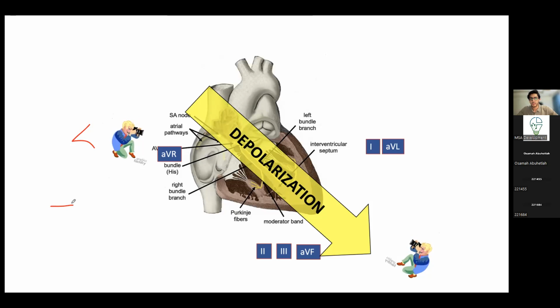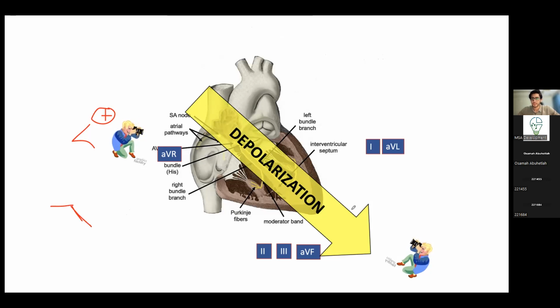On the ECG, if the wave of depolarization is spreading like this, is the deflection going to be up or down? Exactly, it's going to be down. When I said we're taking a photo of the heart, the electrode we're talking about is the positive electrode. Let's say the positive electrode is here. If the wave of depolarization is spreading away from the positive electrode, the deflection is naturally going to go down.